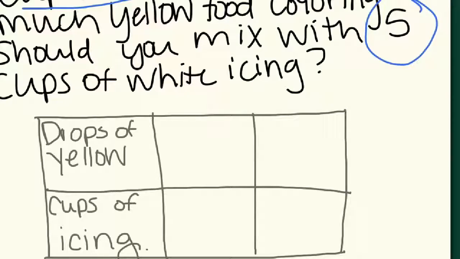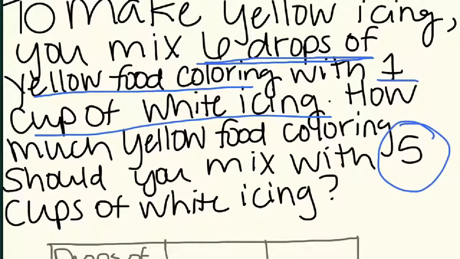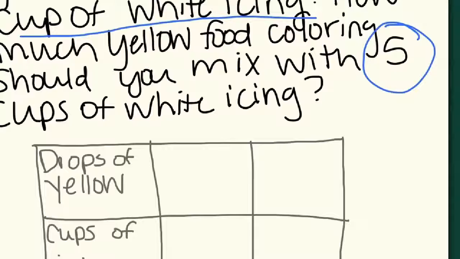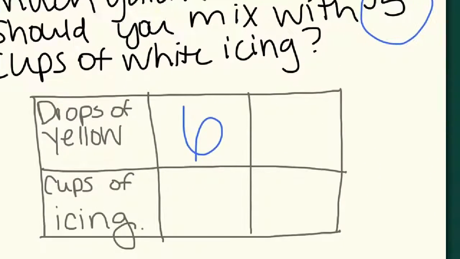Now if I go back up here, our original problem said we mix 6 drops of yellow food coloring, so I write 6 down in here, with 1 cup of icing. Now we want to make this an equivalent ratio, so I put a 5 down here because we want to find out how many drops we need for 5 cups of icing.